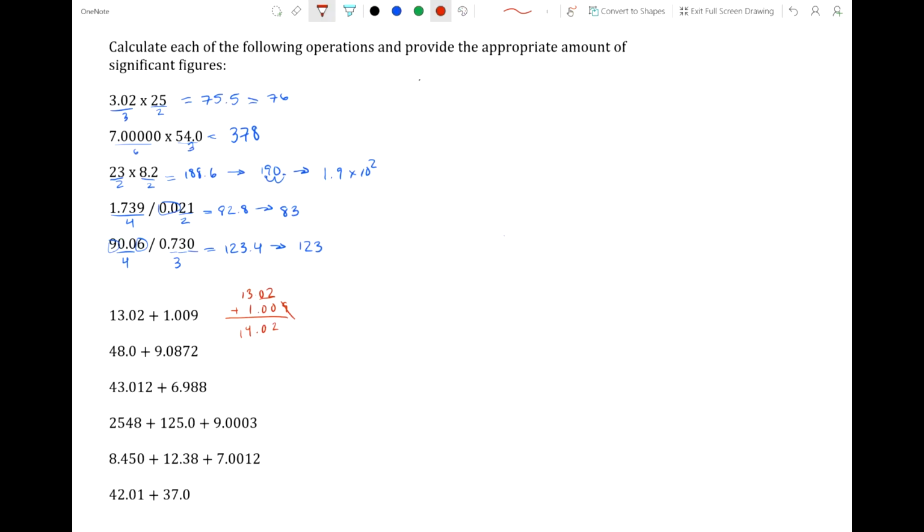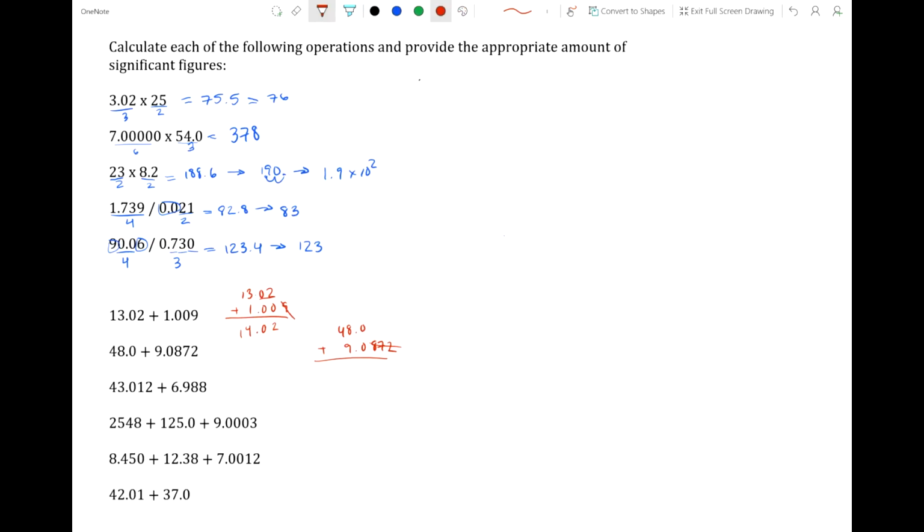Okay, now let's look at the next operation. 48.0, and I'll write it a little bit off to the side just so we don't get mixed up, plus 9.0872. Okay, now these are a lot of numbers after the decimal point, but we're going to forget about these because our 48.0 has nothing from the tenths place on.